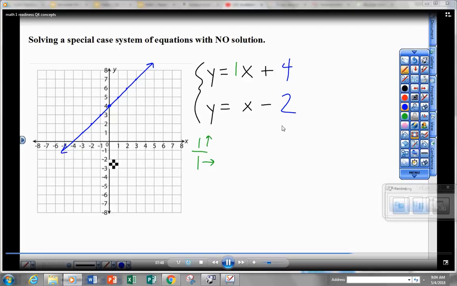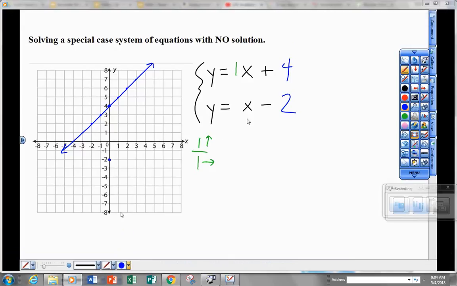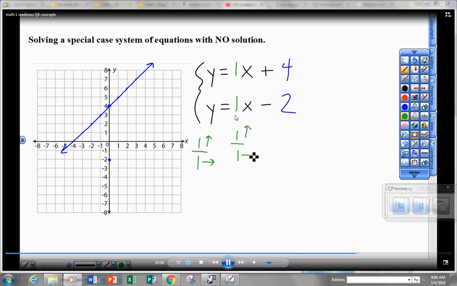So if I graph my other equation of negative 2 and look at that number in front of x, going up 1 over 1, up 1 over 1, that gives me 2 parallel lines.